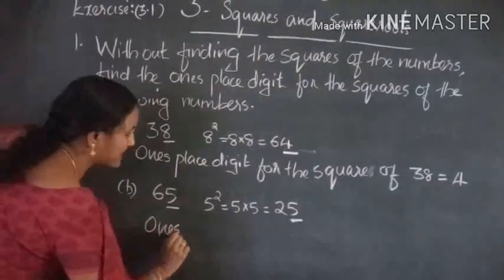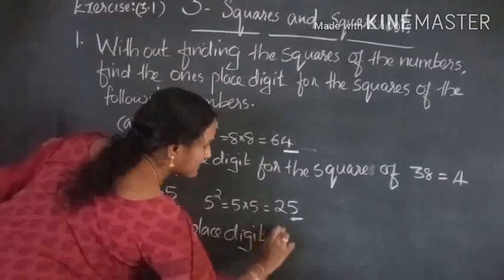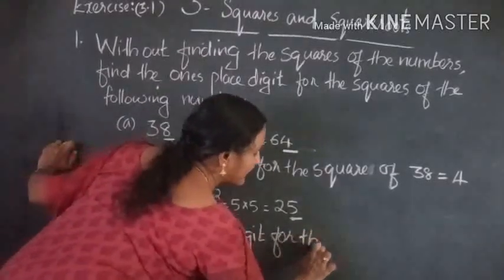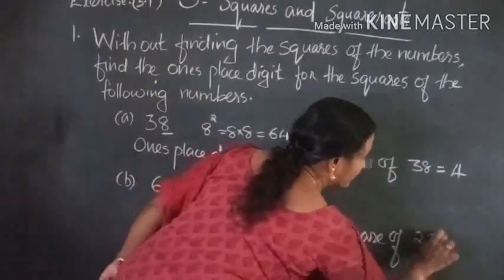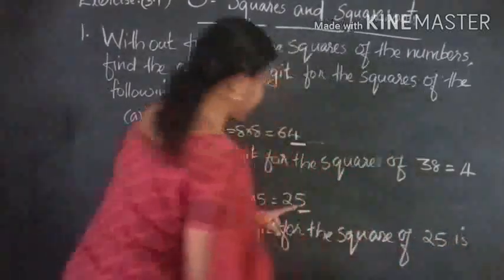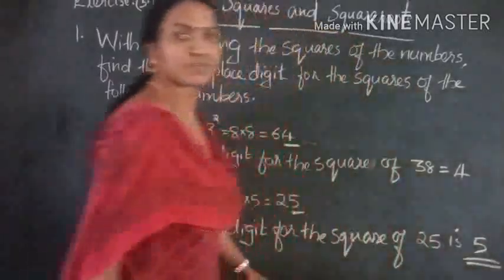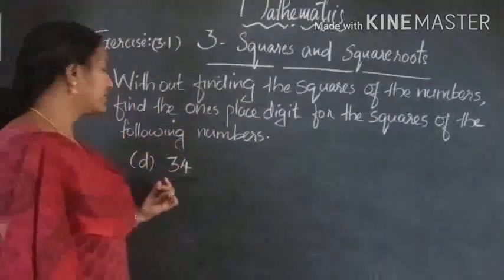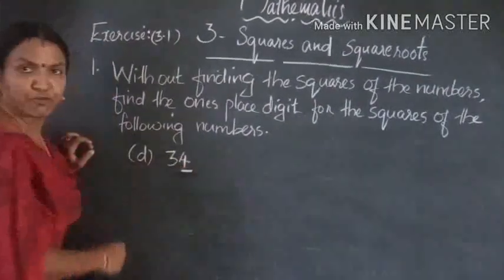So the ones place digit for the square of 65 is 5. Next one, 34. The digit in the ones place is 4.